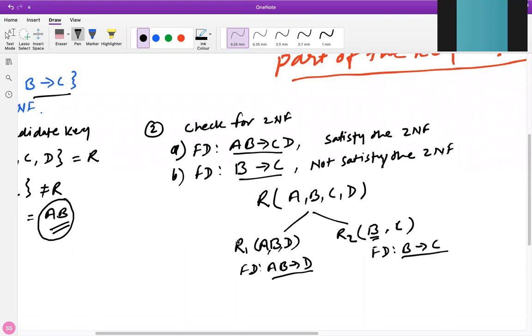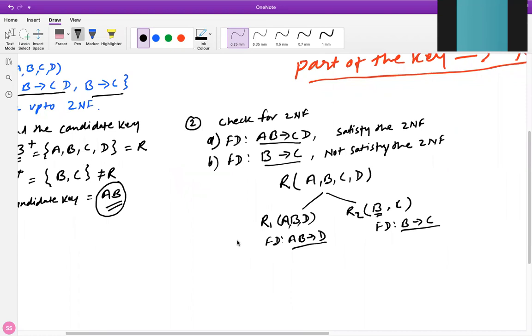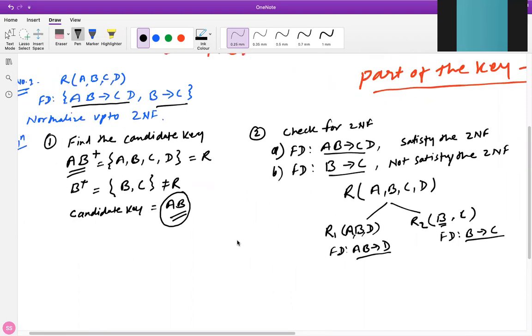Sir, can you tell if you have a functional dependency in addition to this, if you have A determines D?